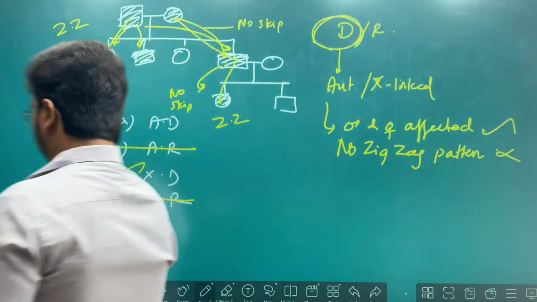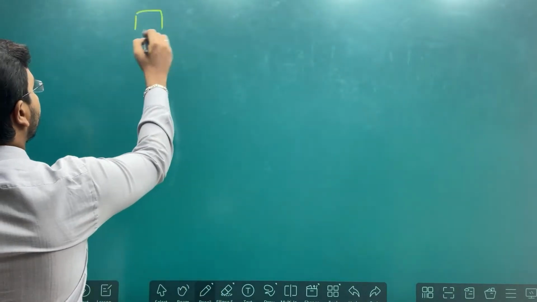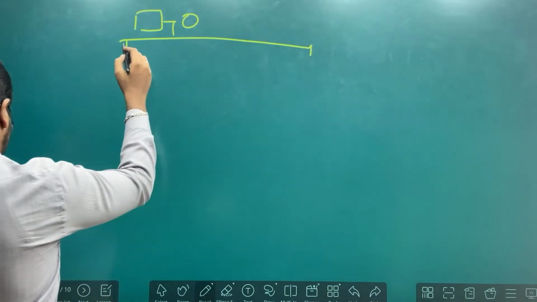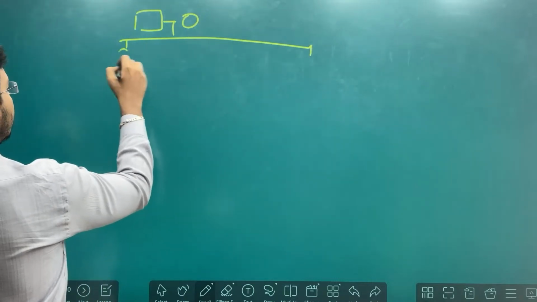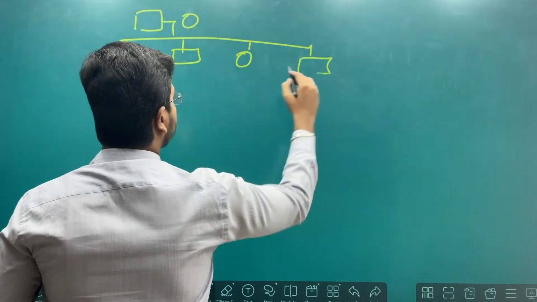Right? Let me do one more question for you. Let's say male and female, and they have babies. Let's say 4 children: daughter, son, daughter, son.